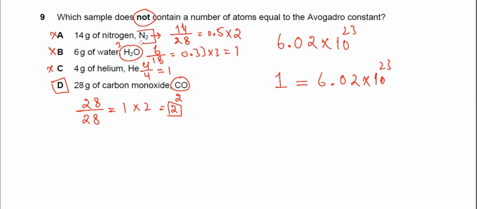So we have to multiply it by 2. So this will give us 1. Understood? So you can see all these contain 1, 1 and 1. But this one contains 2. So that is why D is the one not containing Avogadro's number of particles, but double the Avogadro's number of particles. Understood?